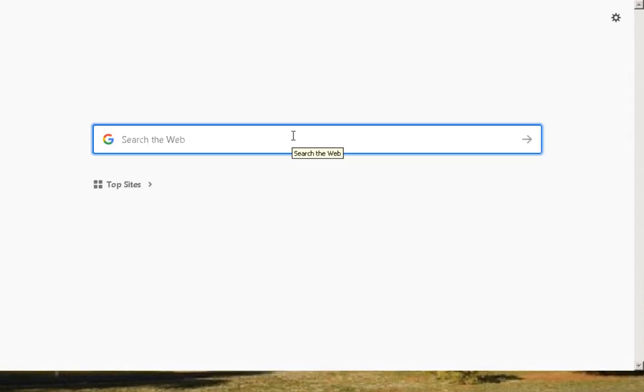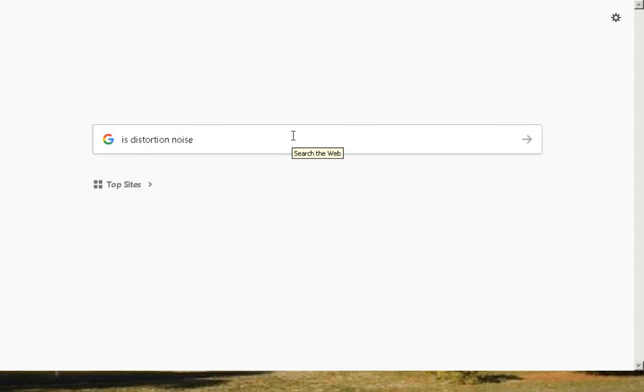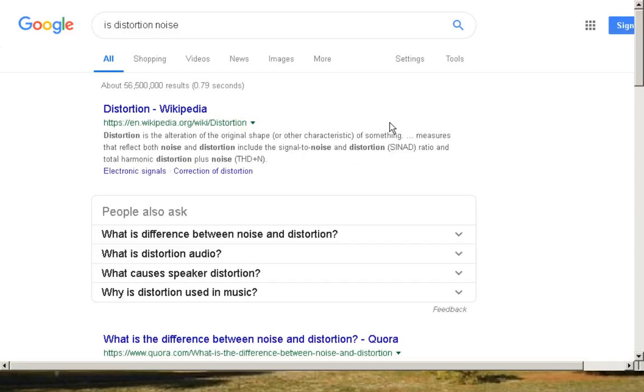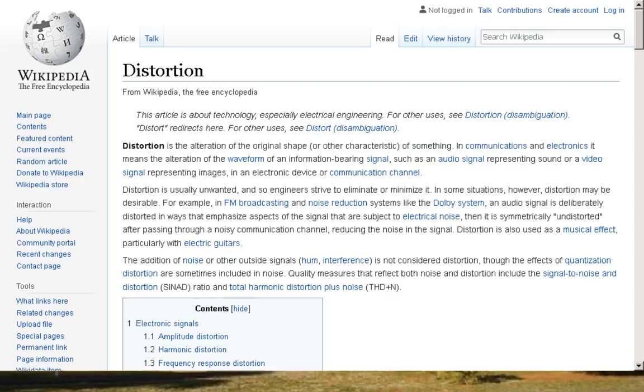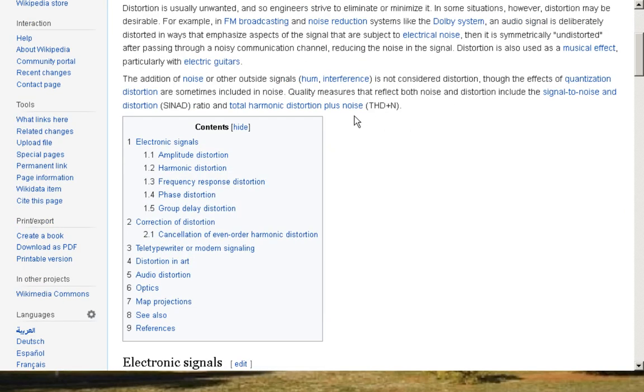So if we type in, we have to talk about noise. Distortion. Total harmonic distortion.